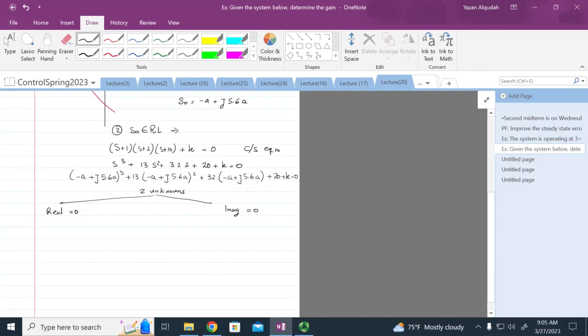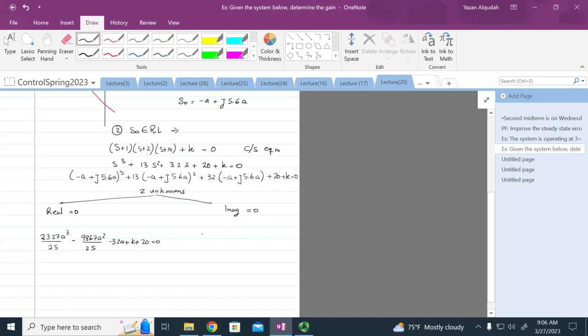Make sense? So with some simple math manipulations, and assuming I did not make any typos, but please verify this when you go home after the exam. And it's 32a plus k plus 20 equal to a 0.